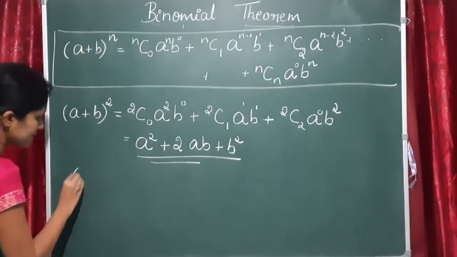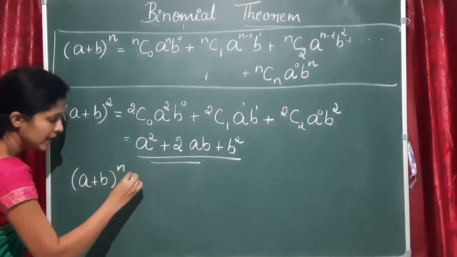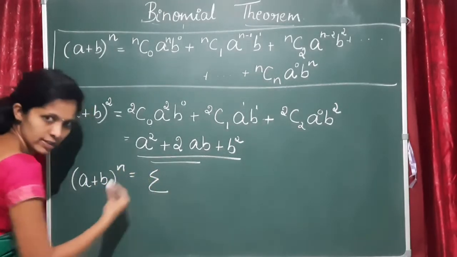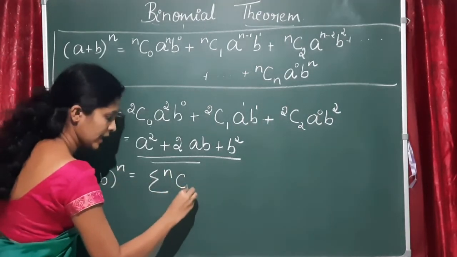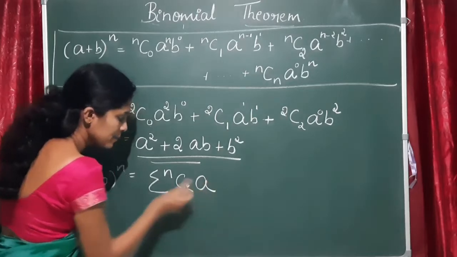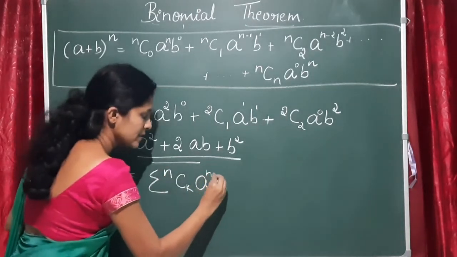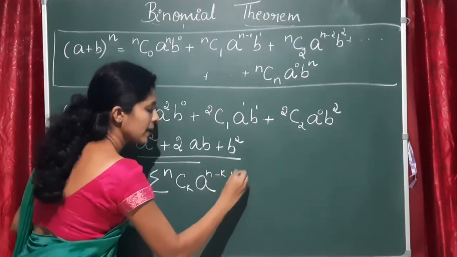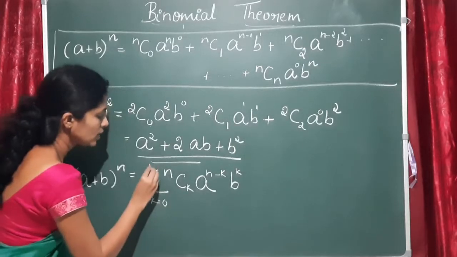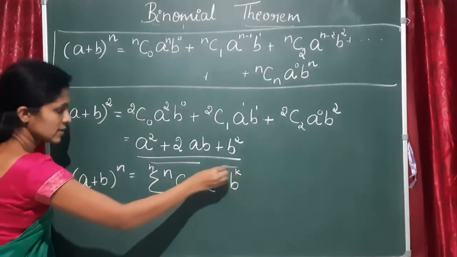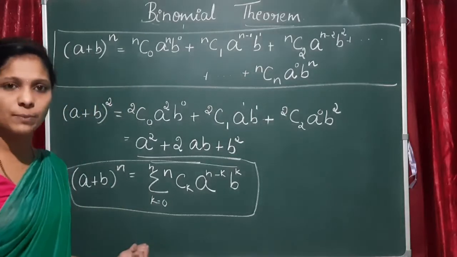Simply, (a + b) to the power n can be written as summation of nCk, a to the power n minus k, and b to the power k, where the value of k varies from 0 to n. This is a simple form of that. Is it clear?